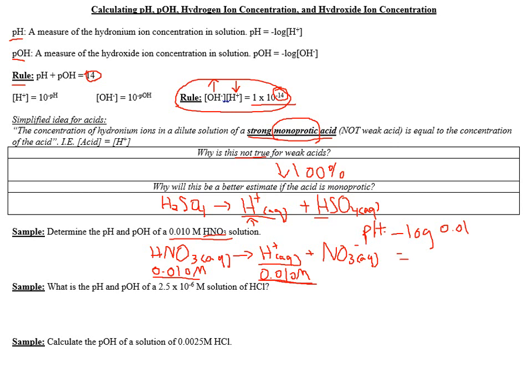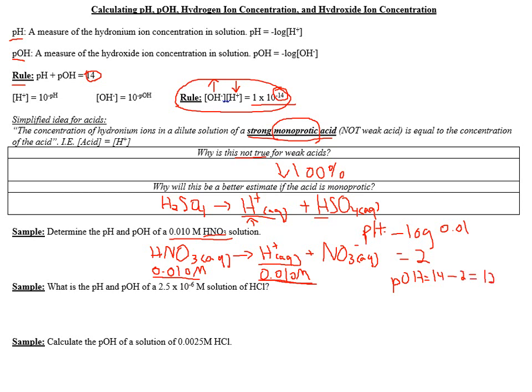So you can try that in your calculator. Do the negative log of 0.01, and you should get 2. If you wanted to find the pOH, you would simply do your 14 minus your pH, which is 2, and that would give you 12.